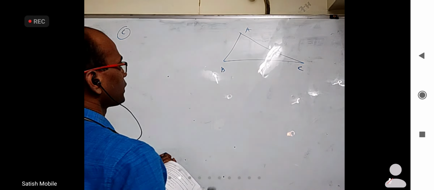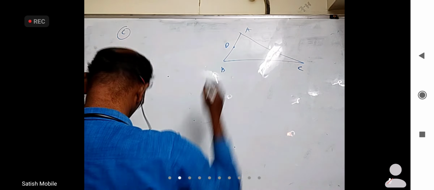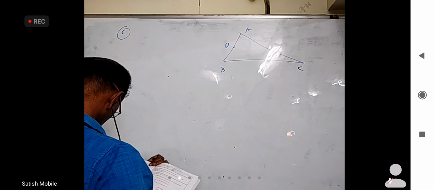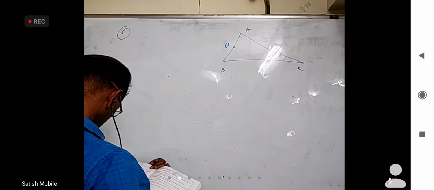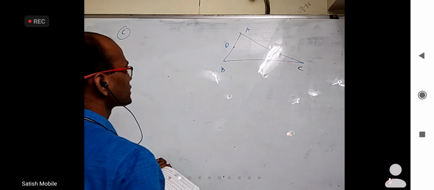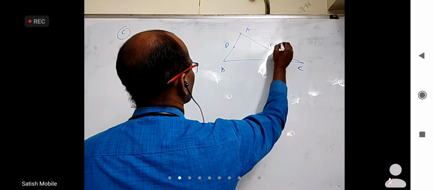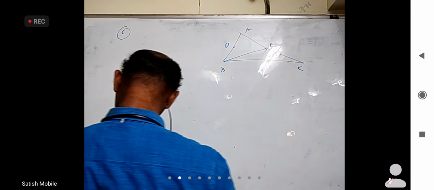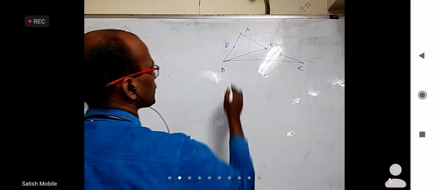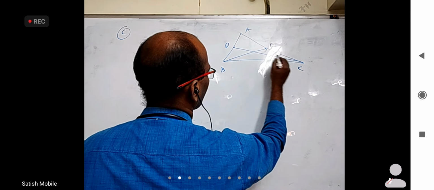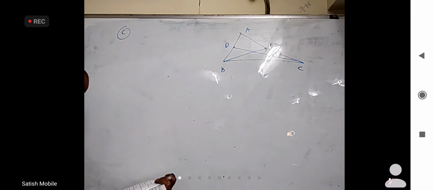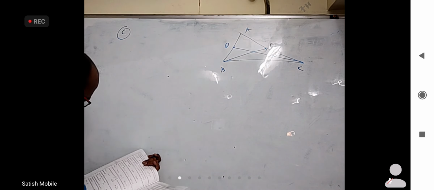D is the midpoint of AB and E is the midpoint of AC. They want BE bar and DC bar. Is it 3 by 2 BC? Okay. BE plus DC.